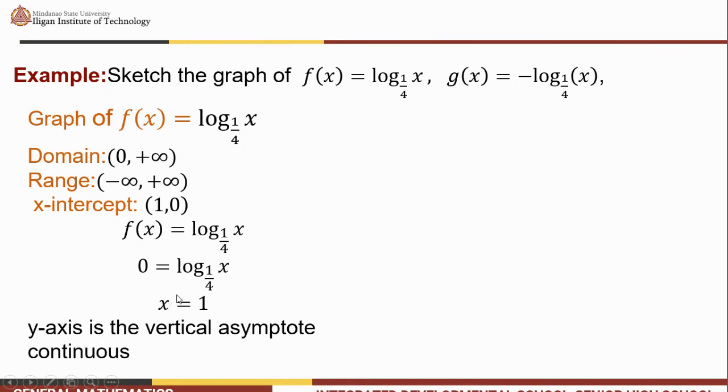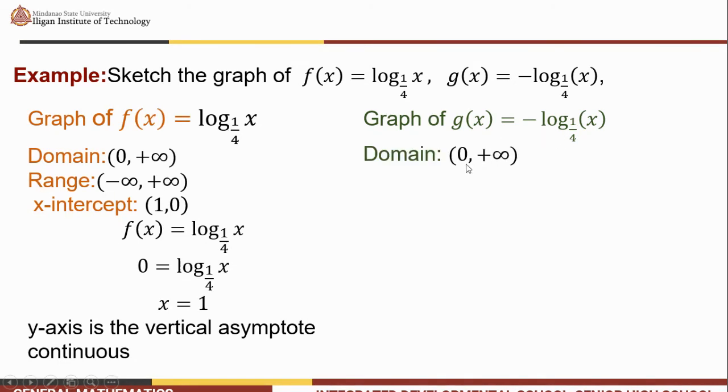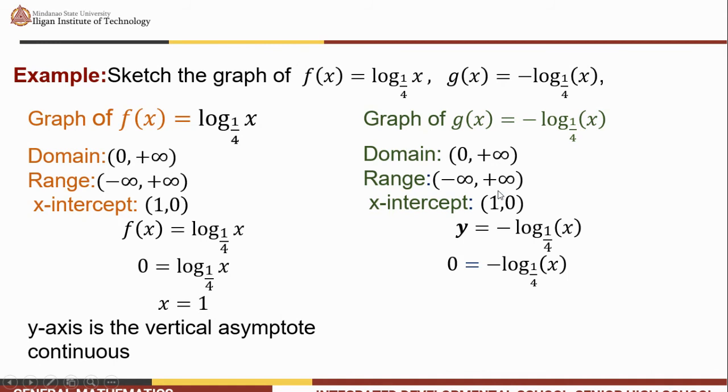And it is continuous. Now, to solve for the function g, for the domain, the values of our x here are still 0 to positive infinity. And for the values of y, we have the set of all real numbers. And for our x-intercept, what we need to do here is let y equal 0. So we have this one.